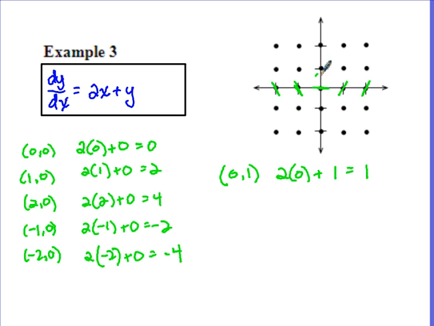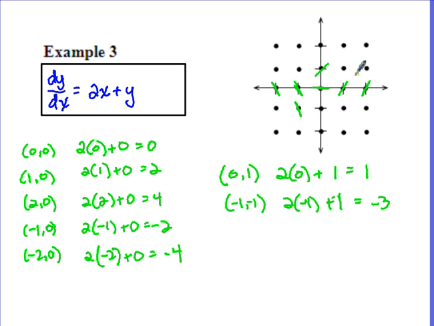So I'm going to have a slope of 1. And let's just pick another random one. We'll do (-1, -1) as that point. We'll have 2 times negative 1 plus a negative 1 if you will. And that's negative 2, that's going to be negative 3. So that means this point right here is going to be a negative 3.